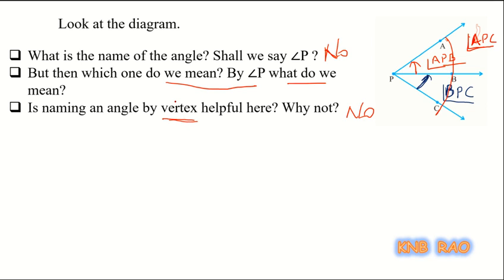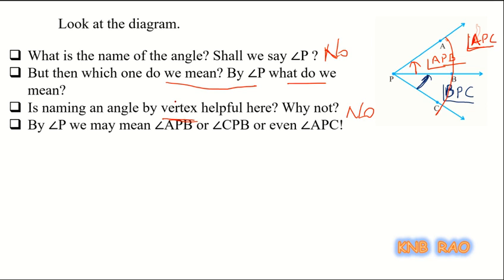So we need the three letter notation, which is more specific and meaningful. By angle P we may mean angle APB or angle APC or angle BPC.